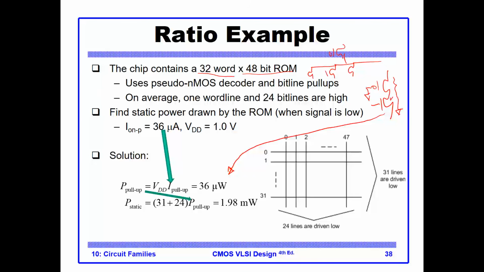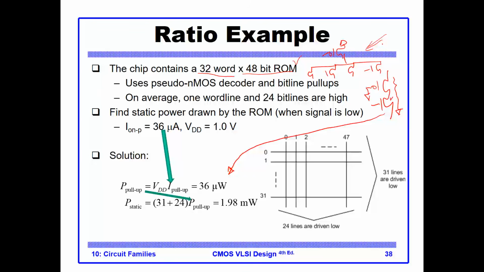Okay, and you have this PMOS up here, and so the ROM has different implementations. There is the NAND implementation and the NOR implementation. The NOR implementation loves such a design where you have a PMOS at the top.